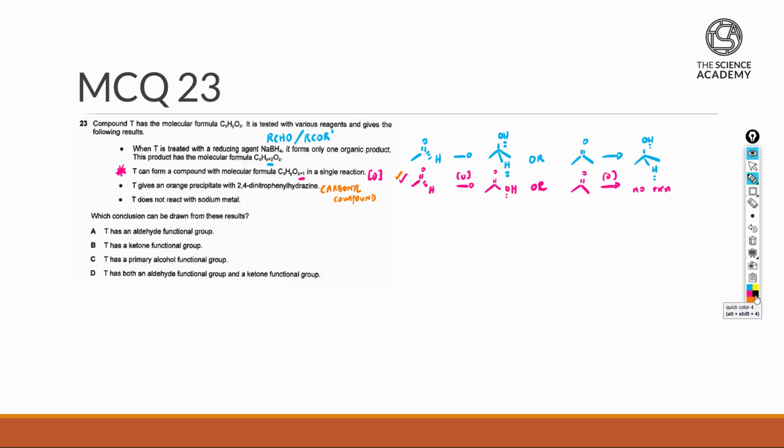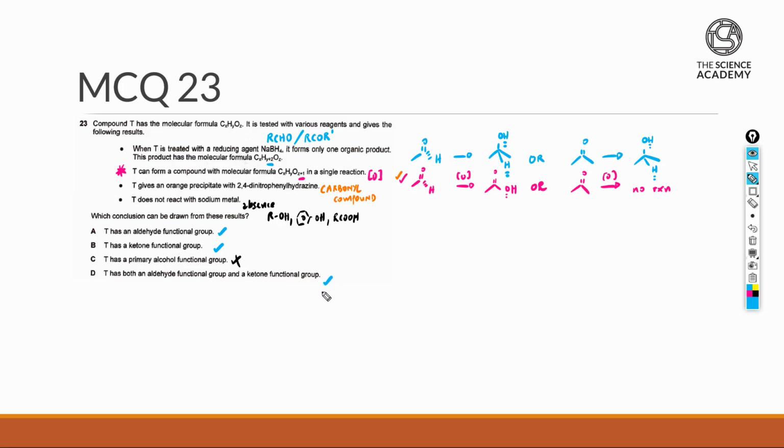And the last one here, the inability to react with sodium metal, means that we're looking at the absence of acidic groups, in this case aliphatic alcohols, phenols, as well as carboxylic acids. So C is going to be out, based off the fourth point, because it cannot react with sodium metal. And A and B, just based off the blue result, are going to be correct, and D also is going to be correct.